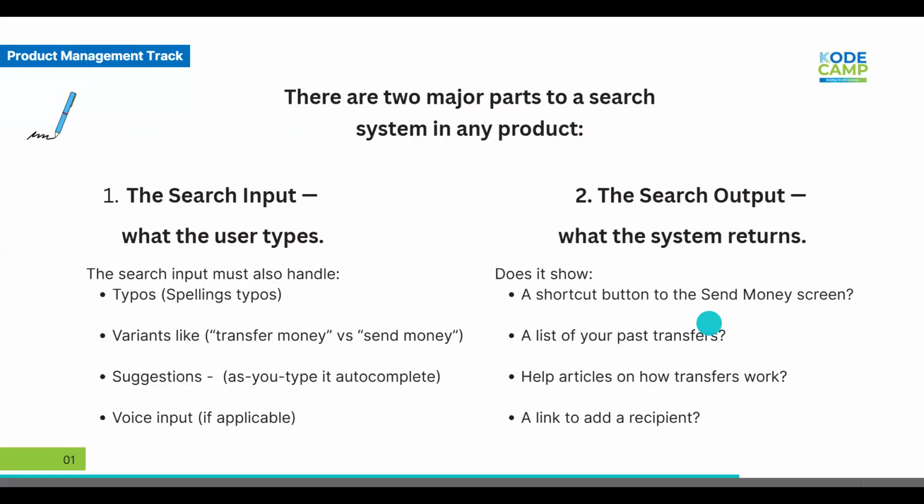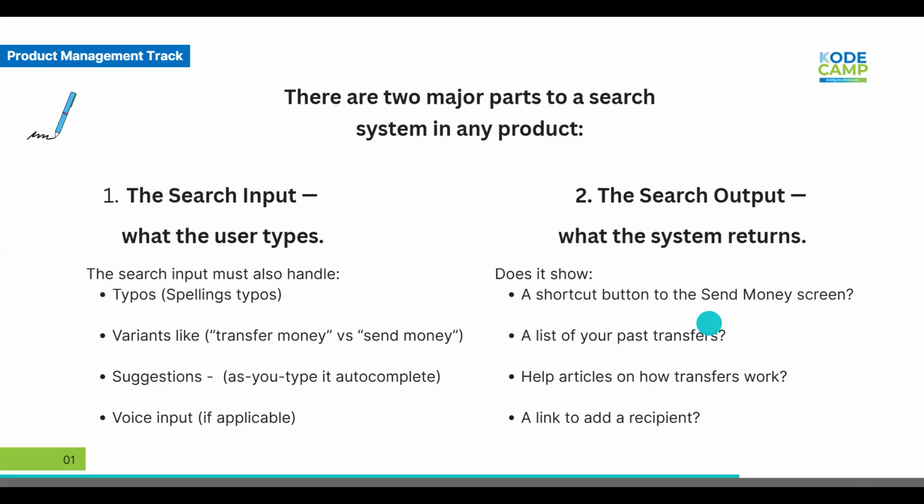Now let's start with the input side. The way users think about your product is not always how you've labeled it. That's why your search input has to be flexible. Let's say you called the feature export history, but your user types download statement.